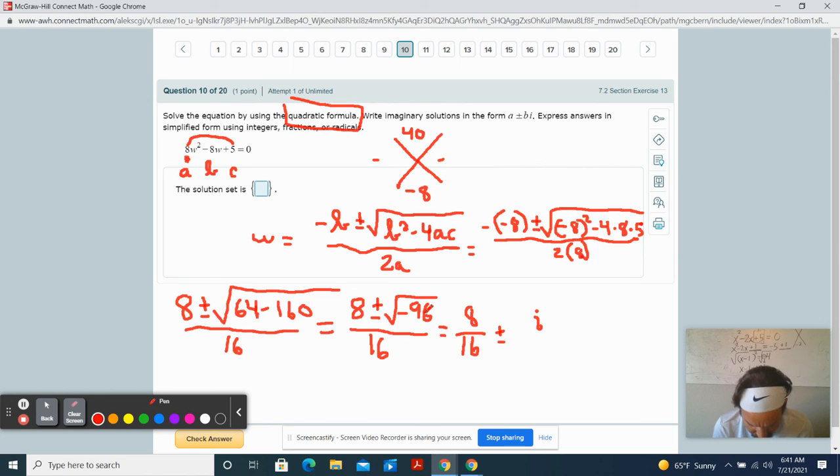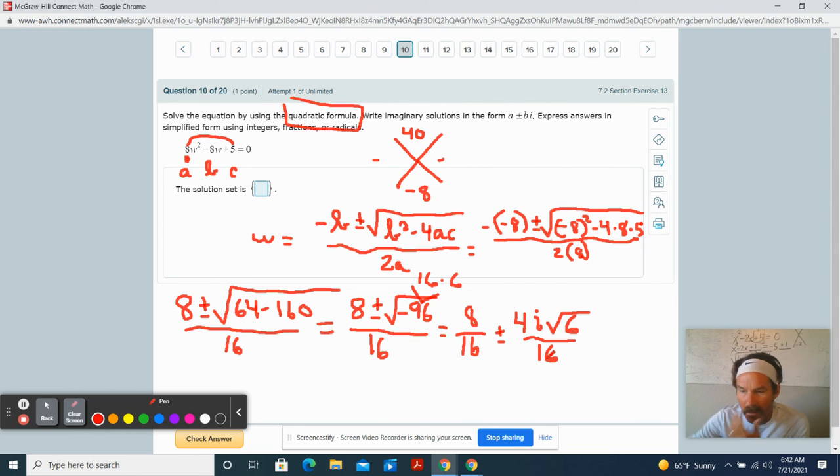But you can simplify 96, because 96 is 16 times 6, and then that square root of 16 comes out as a 4. So notice I'm writing this as 4i root 6 over 16.